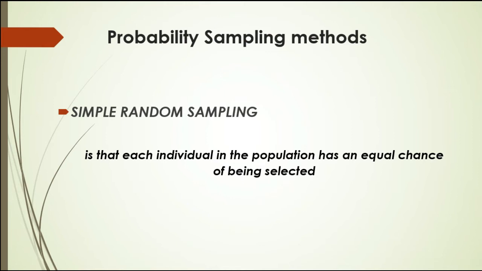Kasi sa simple random sampling, example is ilalagay mo lahat ng pangalan ng participants or na magre-represent sa population sa isang box, halimbawa. Okay? At ilalagay mo yung mga pangalan nila sa isang bowl or sa isang box. Lahat sila may equal chance to be selected.